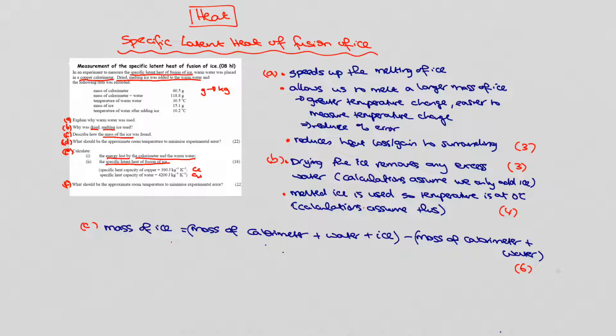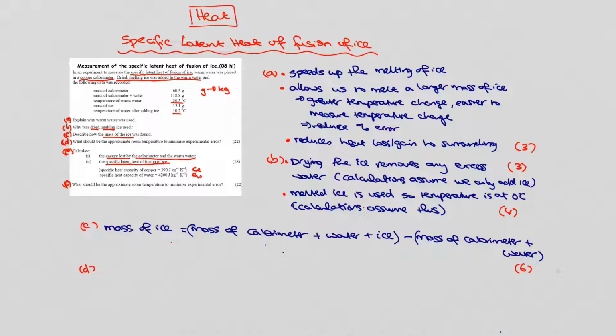So D says, what should be the approximate room temperature to minimize experimental error? Now, if we look at this experiment, we can see the temperature of the warm water is starting at 30.5, and the temperature of the water after adding the ice is at 10.